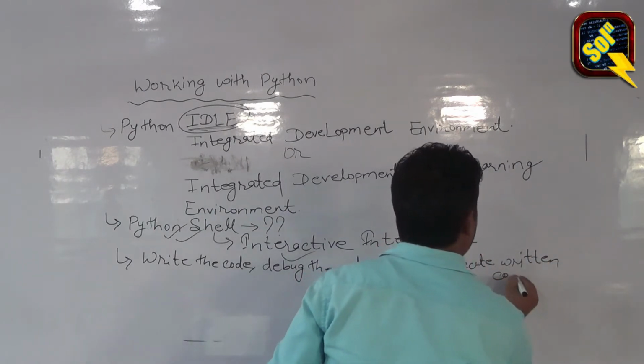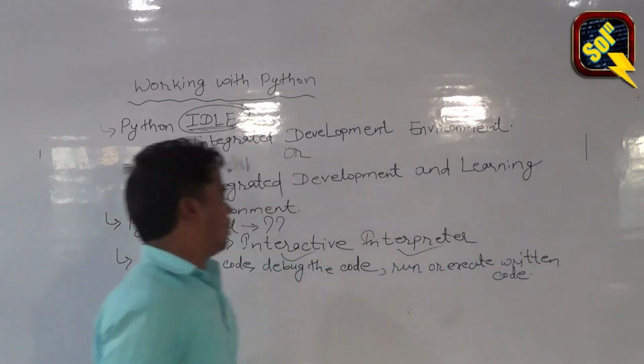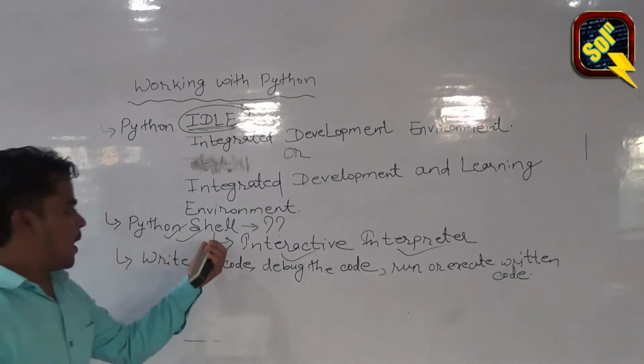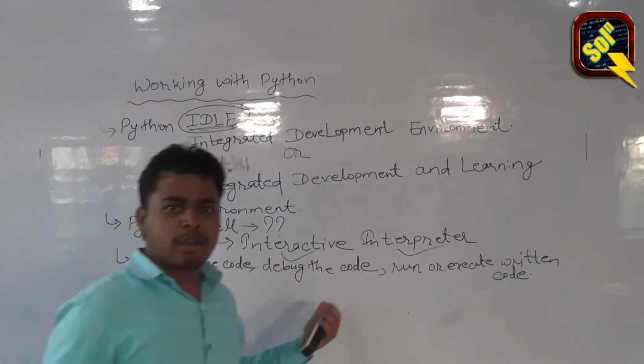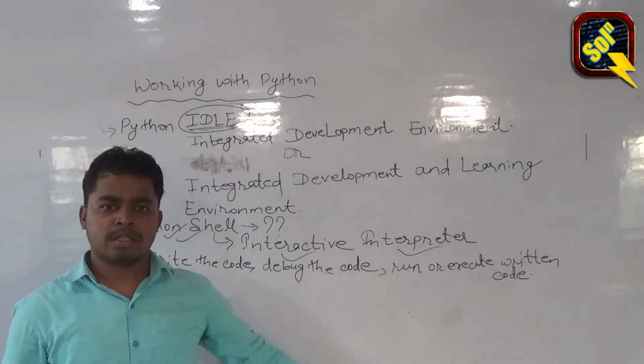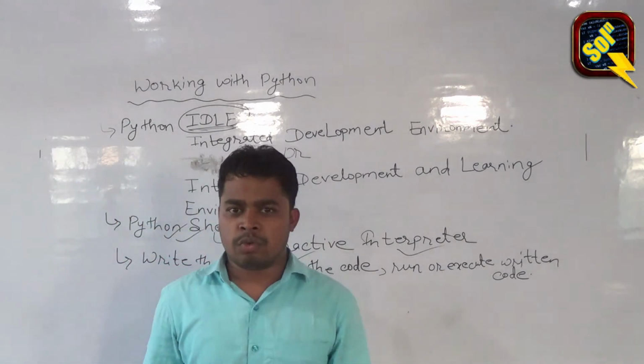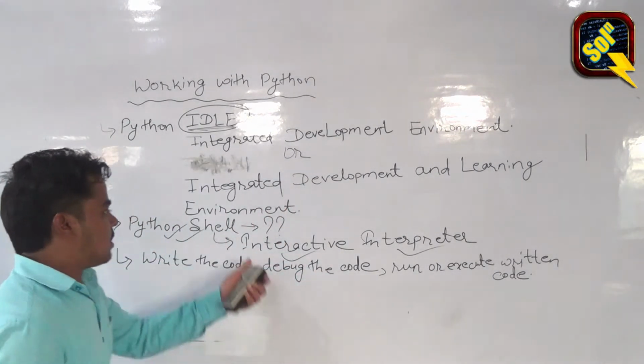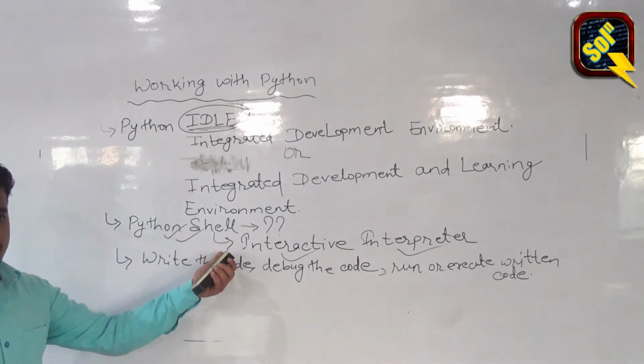So basically this Python shell is used for writing the code, debugging the code, or you can say also executing the code. So this is the work of this Python shell.